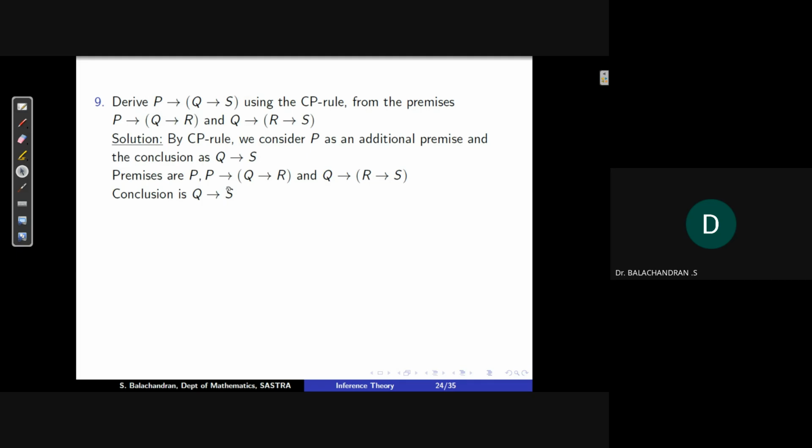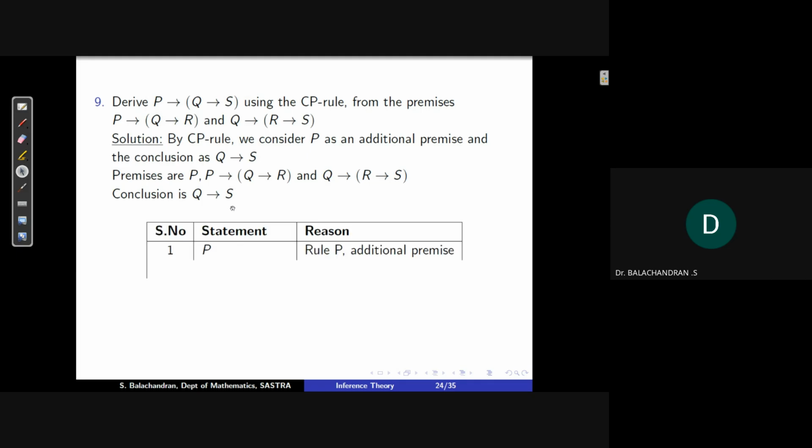Now first, I will take P. Rule P, this is the additional premise. Then the second one, P implies (Q implies R), is also rule P. Rule P means we are using the given premises.